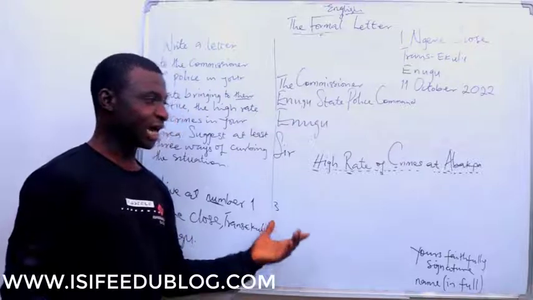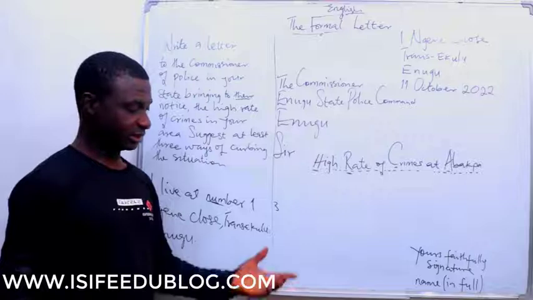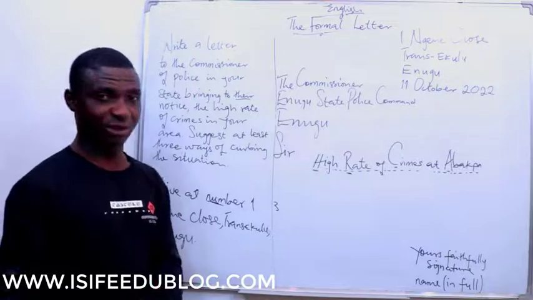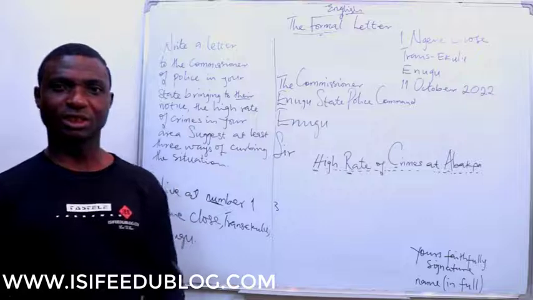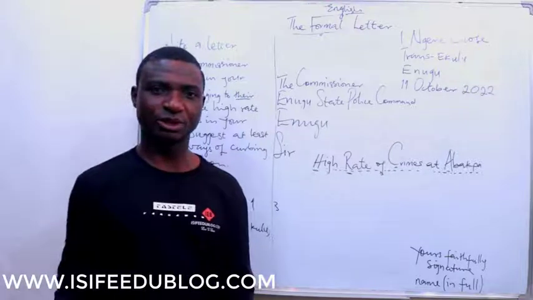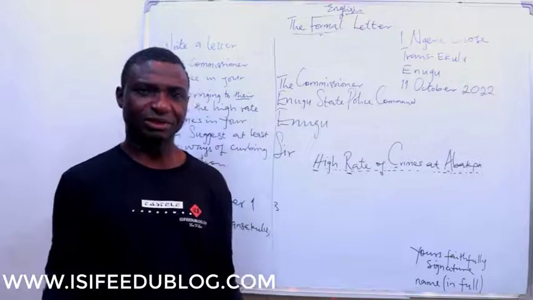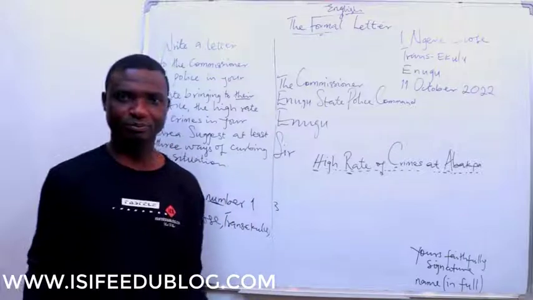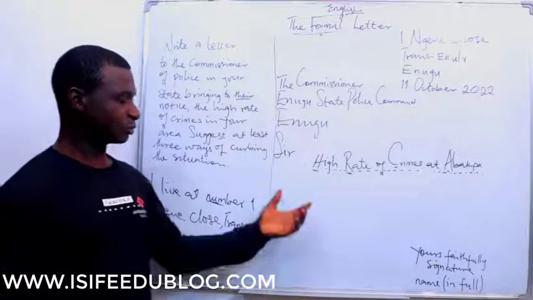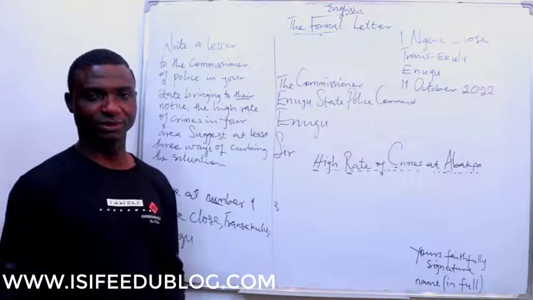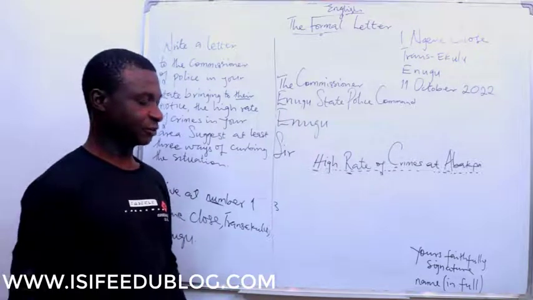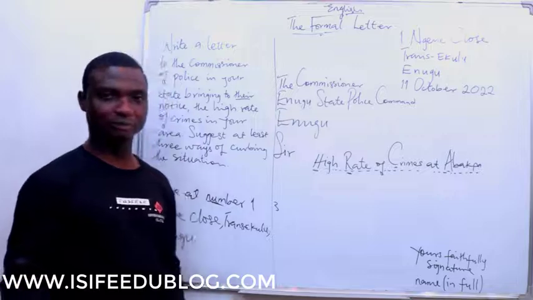Next paragraph, another crime incident, maybe different from the first one. The first could be rape. The second could be stealing. The third could be maybe kidnapping. Alright? So if you're able to bring 3 like this, then you've made your point.